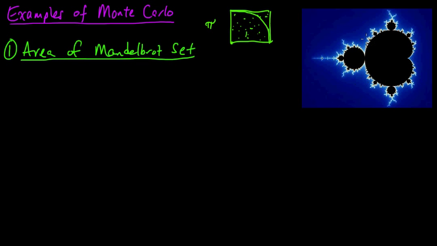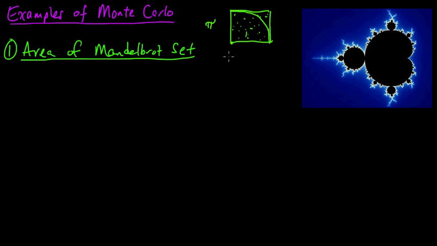Does it even have a well-defined thing called an area? And it turns out it does. It is actually a compact set. It's a compact subset of the complex plane, or you could think about it as a subset of R2. And since it's closed, it's therefore Lebesgue measurable. And since it's compact, it has a finite measure. So this is a well-defined problem to try to figure out what this area is.